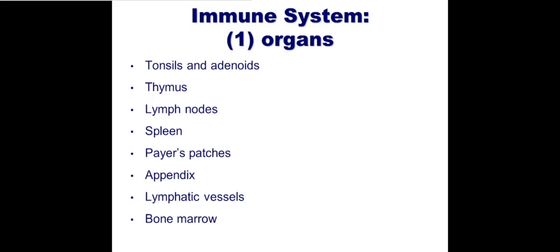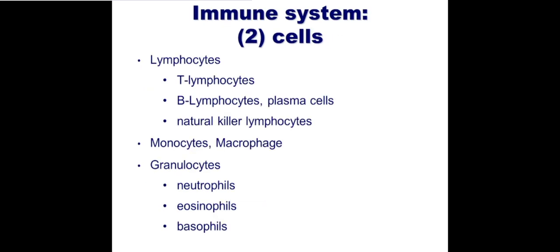The cells are lymphocytes, monocytes, macrophages and granulocytes. Under lymphocytes come T cells, B cells, plasma cells and natural killer cells.